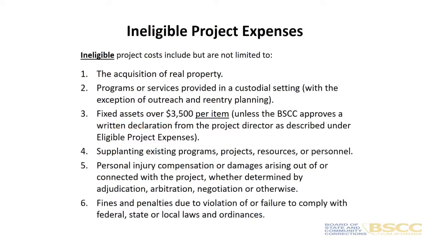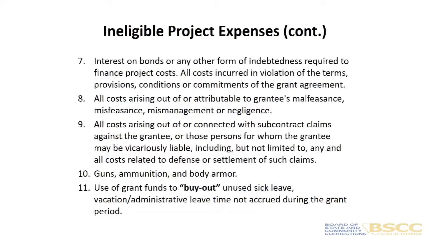All right. And these are a list of the ineligible project expenses. This is not limited to this list, but this is just some that are included. And once again, there's that $3,500 per item for fixed assets. Okay. And then go ahead and please read this at your leisure.